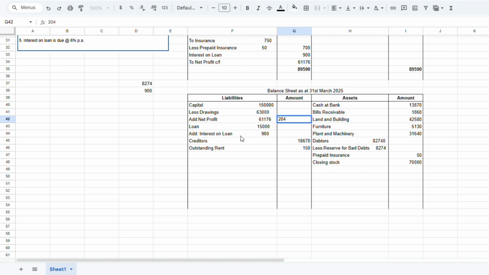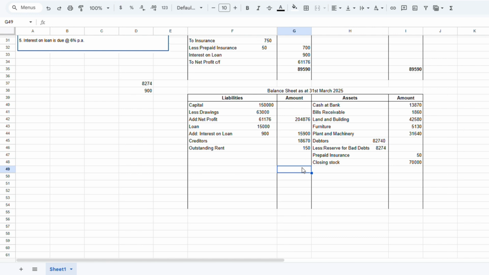Add 61,176, that is net profit. So it is 2,04,876. And loan is 15,000. Add interest, so it is 15,900. Now let's calculate the total: 2,39,596.